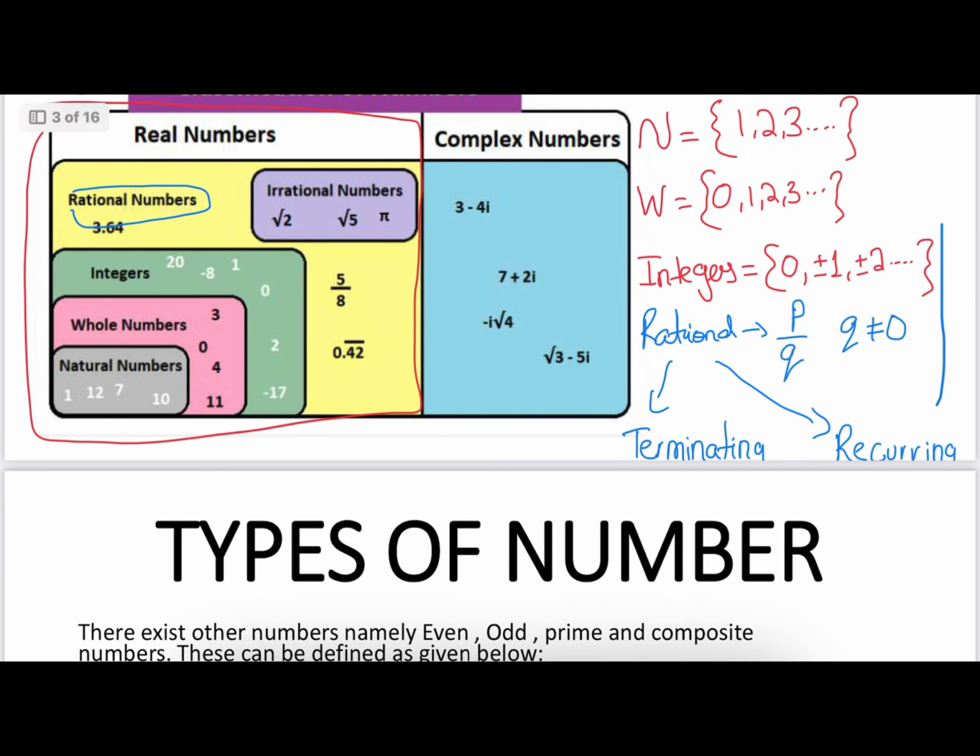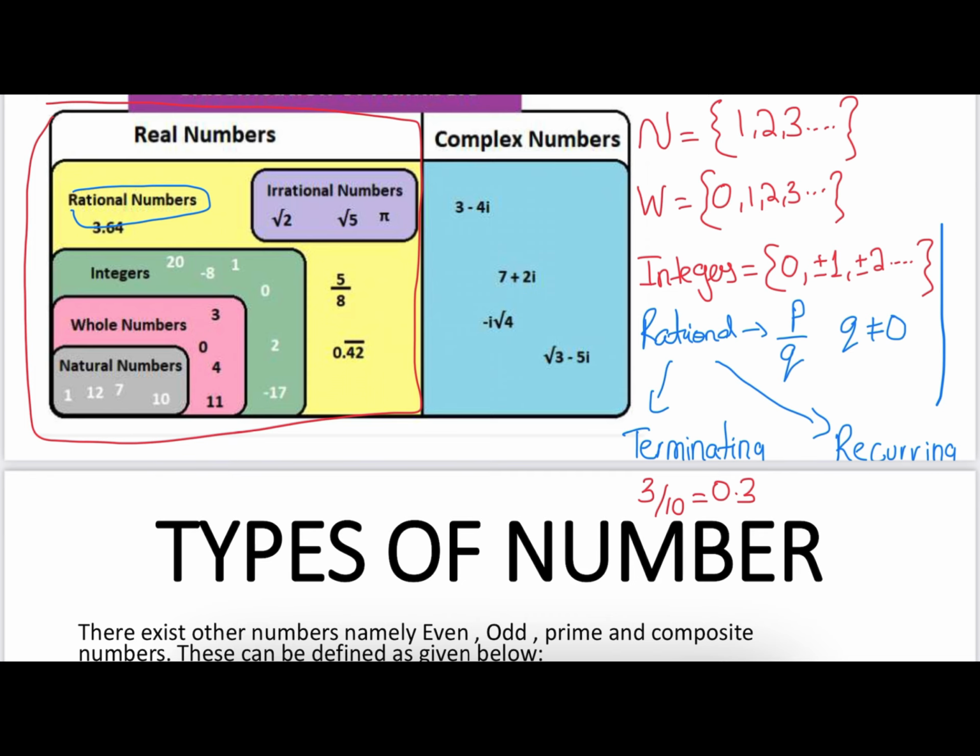For terminating, I have 3 divided by 10, so I will get the answer 0.3. If a number is completely divisible after a decimal point, then it is considered a terminating decimal.